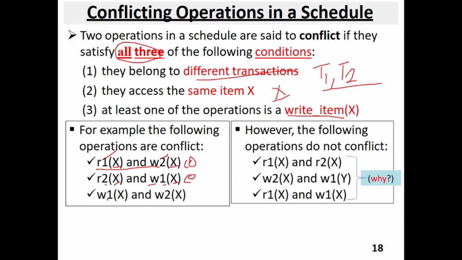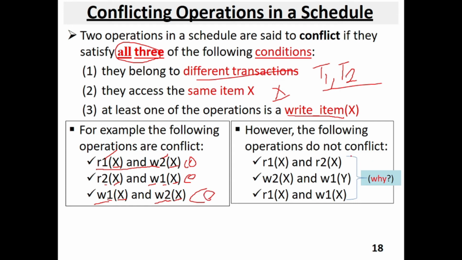Coming back to this one, the first criterion is satisfied, two transactions accessing the same item X, so the second criterion is satisfied. For the third, at least one should be a write, and in this case both operations are writes, so this is also conflict scheduling.